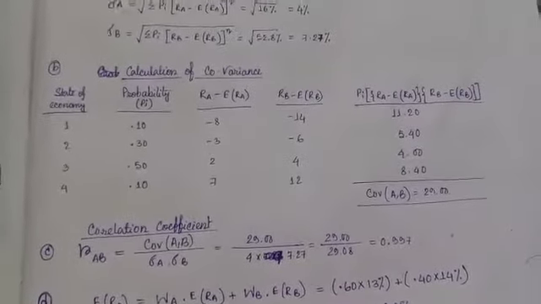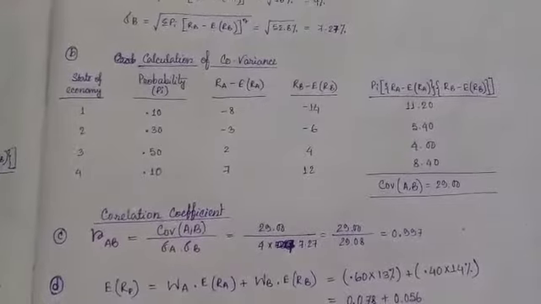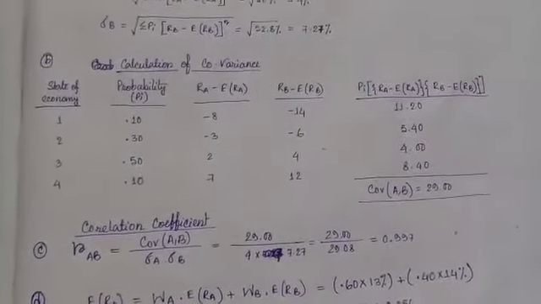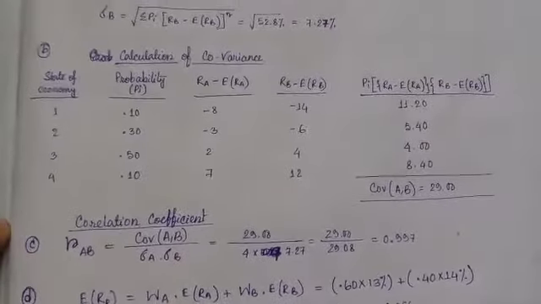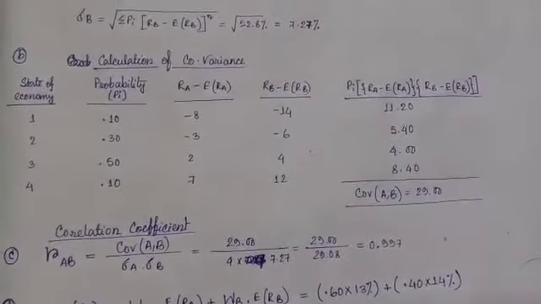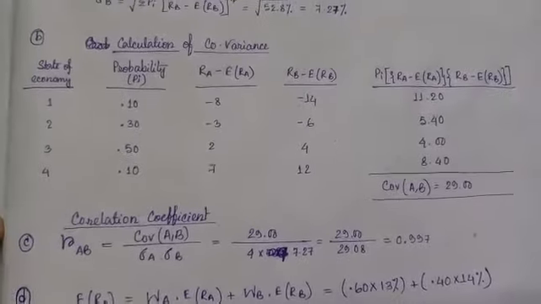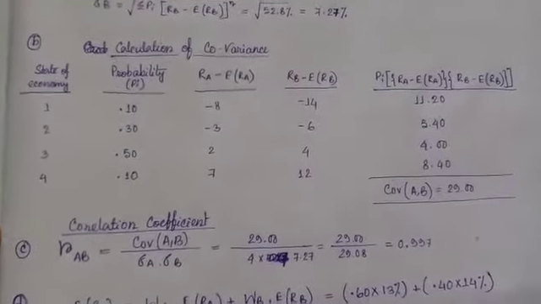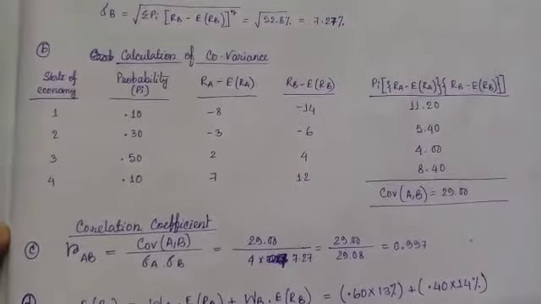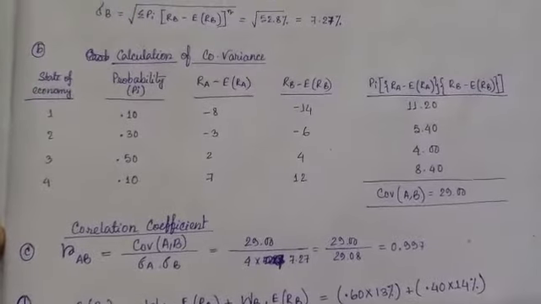Now what does it imply? It implies that if the return of security A increases by 1%, the return of security B will increase by 0.997%. If the return of security A decreases by 1%, the return of security B will decrease by 0.997%.